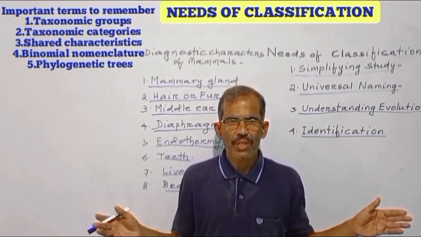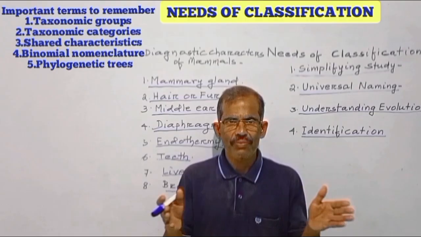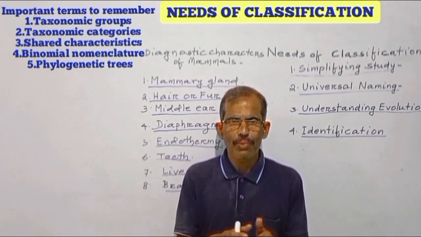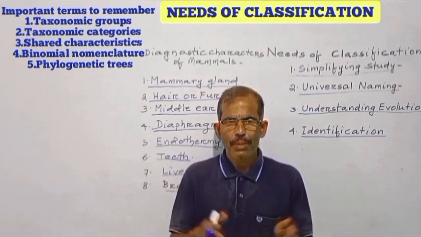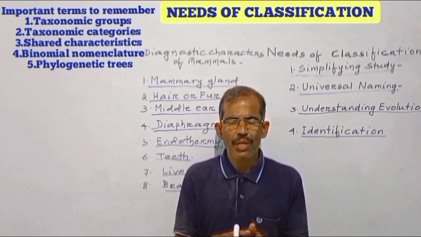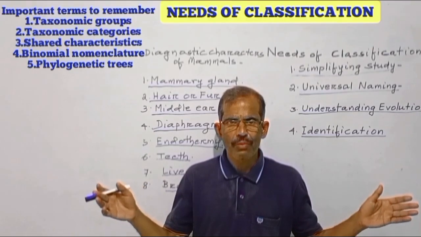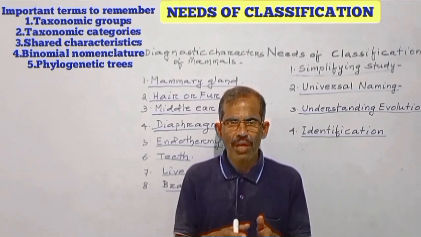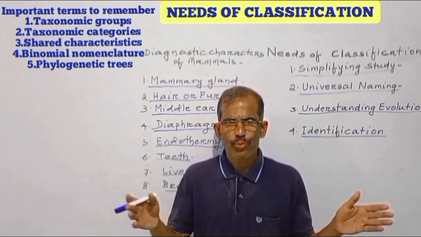According to this system, all species are given a single correct binomial scientific name. Remaining categories are given scientific names which are uninomial. That means they consist of a single word. For example, Rosa, Musa, Mammalia and so on.